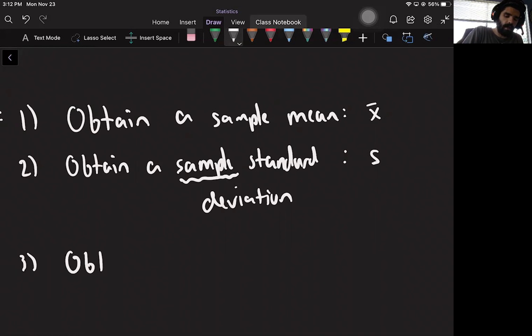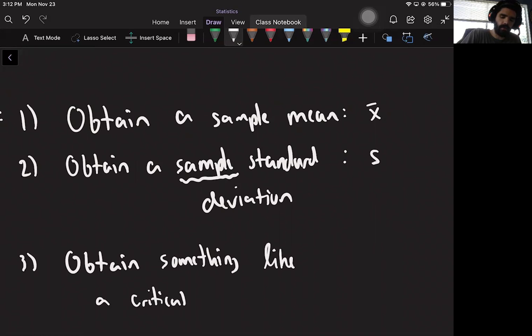Okay, so then after that, we're going to obtain something like a critical value. In the proportion problems, the critical value is what tells you how wide the confidence interval is, like how many standard deviations to go out.